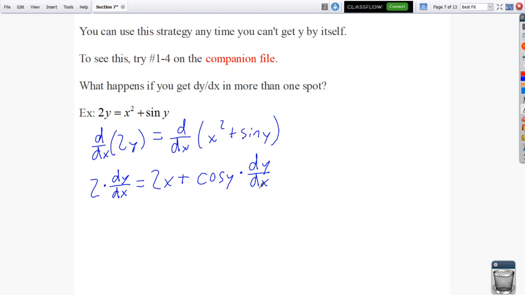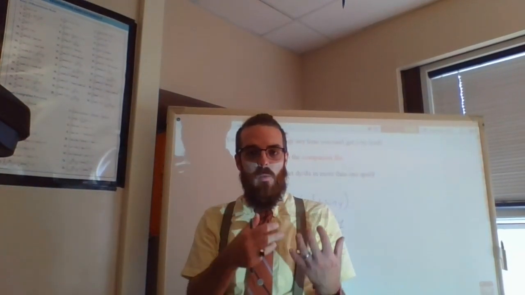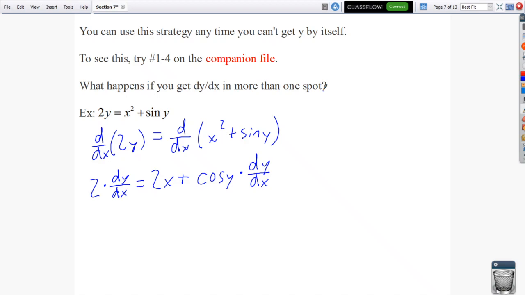So when we have a situation like this where you get dy dx in more than one spot, what you want to do is collect all the dy dx on one side of the equation and put everything else onto the other side of the equation. So here, the easiest way for me to do this is to take this cosine of y, dy dx, and subtract it to the other side. So I'm going to subtract by cosine of y times dy dx on both sides of the equation.